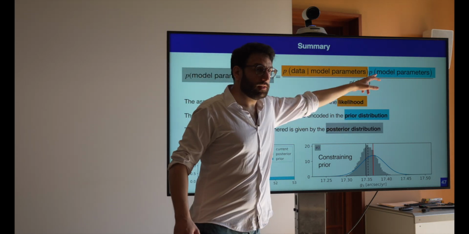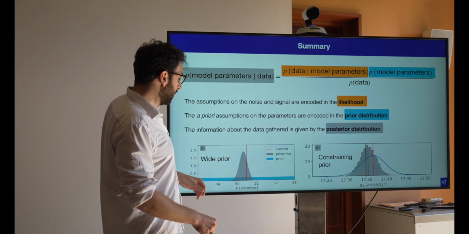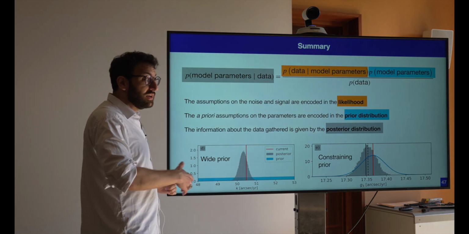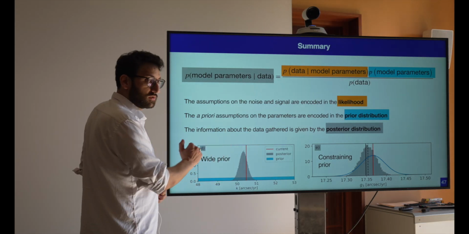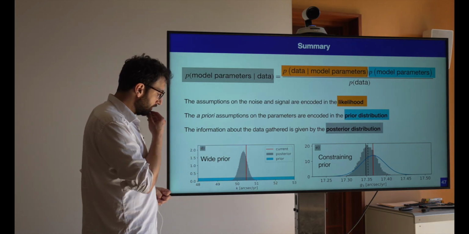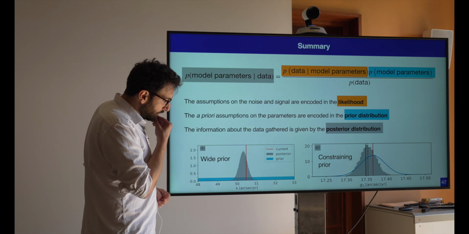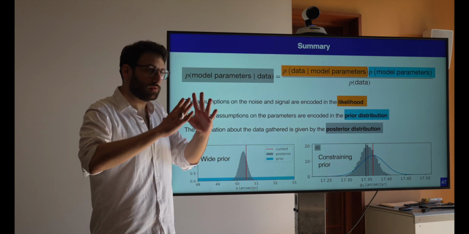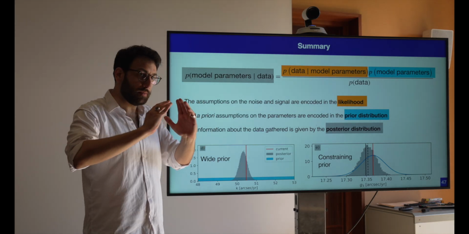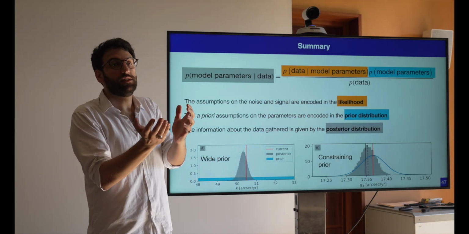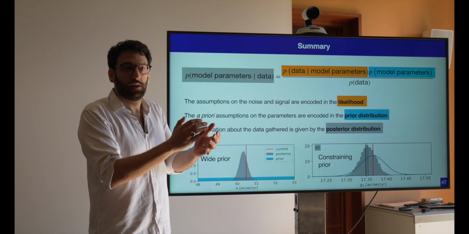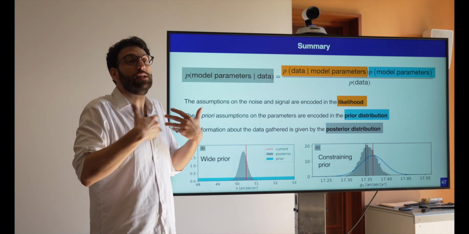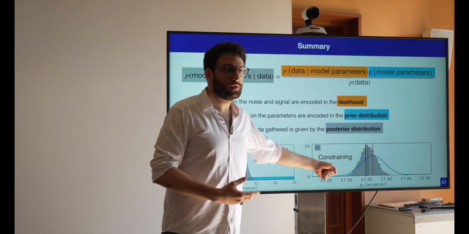The priors on the parameters are important insofar as if you have an unconstrained prior, then you rely completely on your data to bring you some constraint on the parameter, or you can have a prior where you impose your model to have a certain parameter, which has the advantage of reducing degeneracies between parameters. So it might be a way to improve the precision of your estimates, but you need to have good reasons to put your prior there.